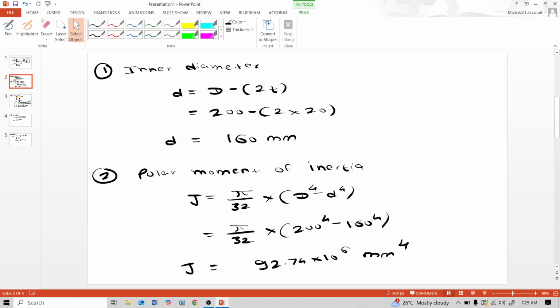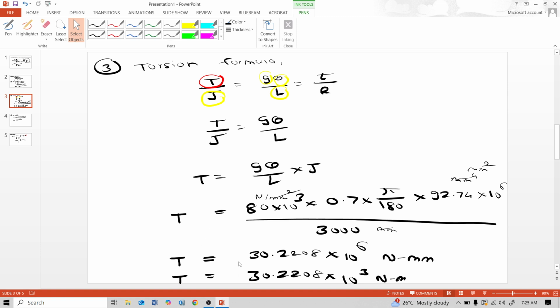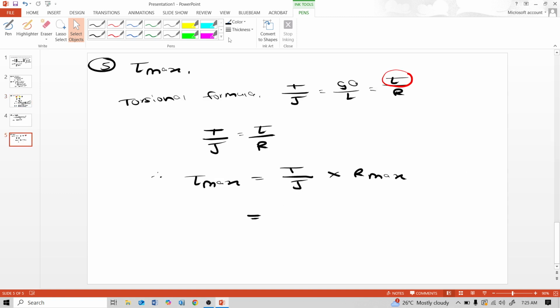T is 30.2208 into 10 raised to 6 Newton mm. Use the Newton mm value for solving this tau max, because this T is in Newton mm, this R is in mm, and J is in mm raised to 4. So Newton mm divided by mm raised to 4 leaves Newton per mm square, and we need the shear stress in Newton per mm square.